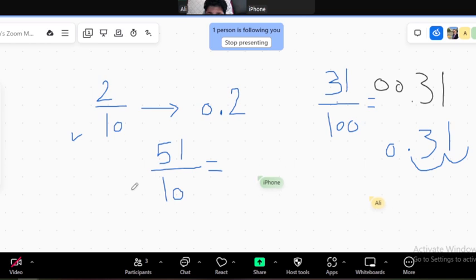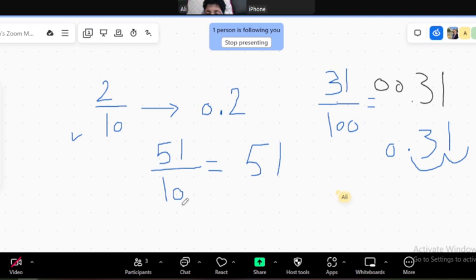Mariam, are you with me? Yeah, but it won't let me move my screen. Let's take it step by step. Okay. Did we have in the denominator 10 or 100 or 1,000? Yes. So now I'm moving to the numerator. Write the numerator, 51.